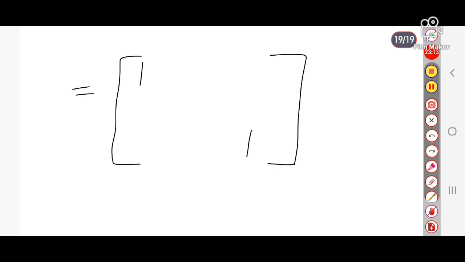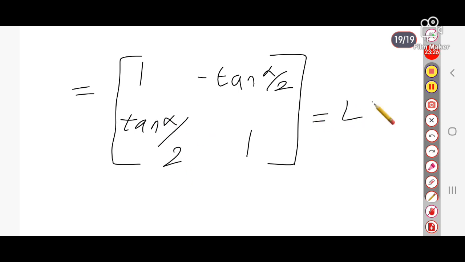And minus sin alpha by 2 by cos alpha by 2 will give you minus tan alpha by 2. And this will give you tan alpha by 2. That is equal to LHS. Hence the proof, right, which we found before was the same.